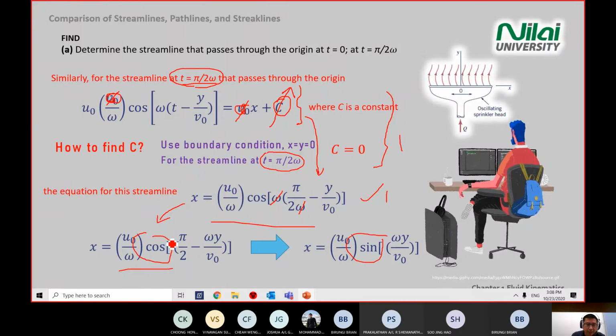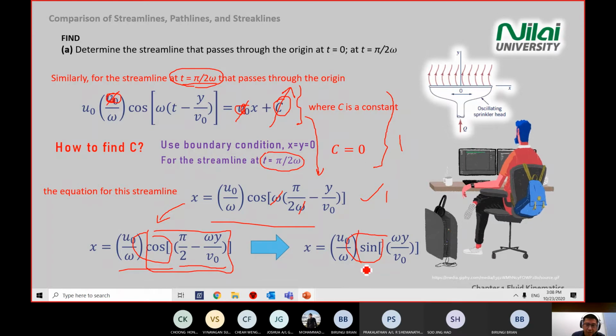The relationship from the left equation to the right equation, you need to check the trigonometry chapter in the advanced mathematics. You change cos of pi divided by 2 minus something, you can convert this term into sine of this term. This one is covered in trigonometry.